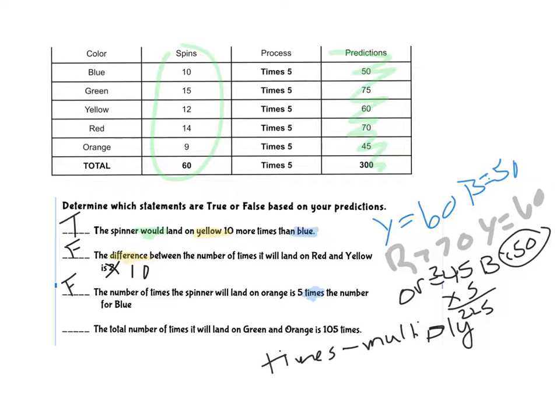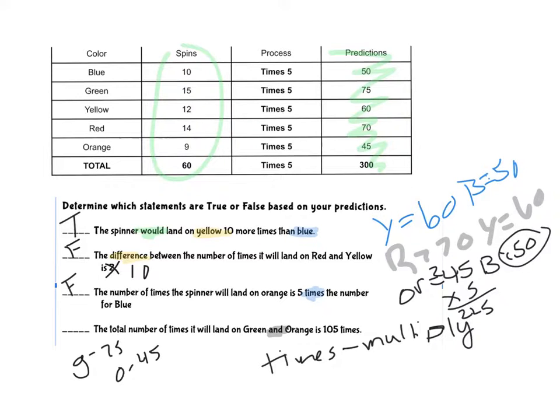So let's look at the last one. The last one says that the total number of times it will land on green and orange is 105. So with that, we're going to be combining green and orange, and by combining, we mean to add. So let's look. Green is at 75 on our predictions, and orange is at 45 on our predictions.